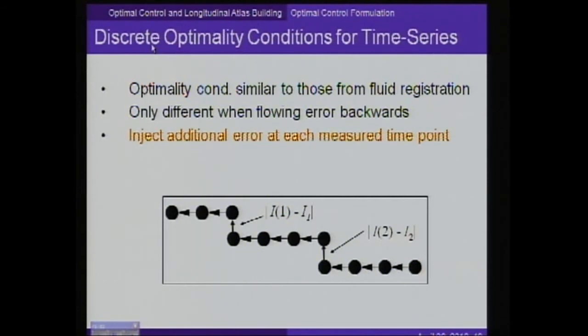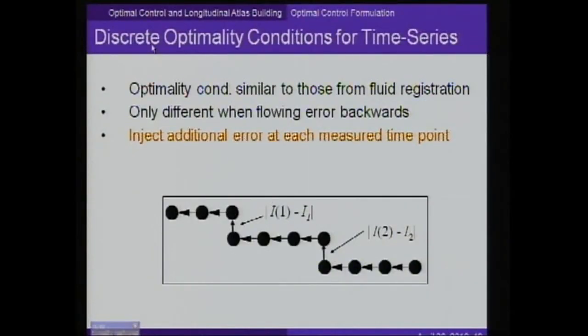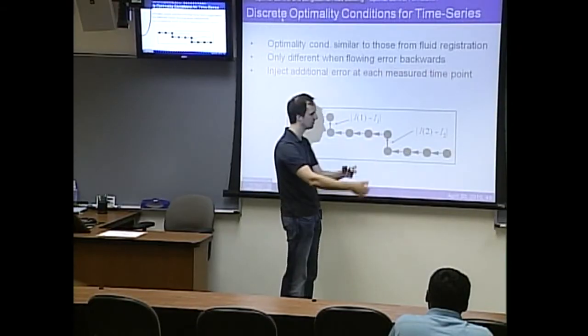What this means really is that the continuous dynamics in the forward direction is exactly the same. The compatibility condition that you use to compute the gradient is exactly the same also. And the backward direction, where you have the scalar conservation law for the adjoint, is also the same, but only within intervals, sort of between two images. So you would start at your final time point, get the final difference between what the image should be and what the image is.